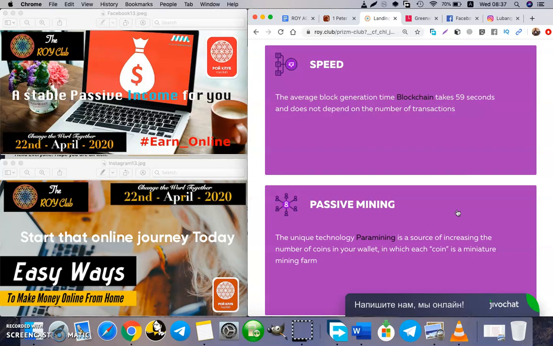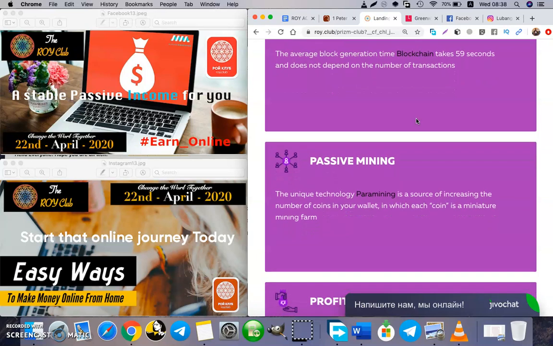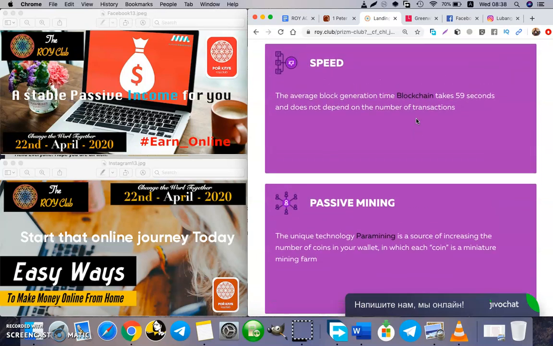The average block generation time for the blockchain is 59 seconds. So to generate a block within the blockchain, it takes 59 seconds and does not depend on the number of transactions within the block. Okay, so that is quite impressive.